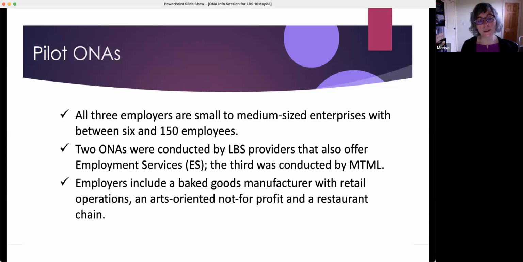The other 2 ONAs were conducted by, as I said, Dixon Hall and PTP, both of which are organizations that are LBS providers, but also provide employment services. The 3 employers that were involved in the ONAs, or who were the subject of the ONAs, were a baked goods manufacturer that also has retail operations, an arts-oriented not-for-profit, and a restaurant chain.